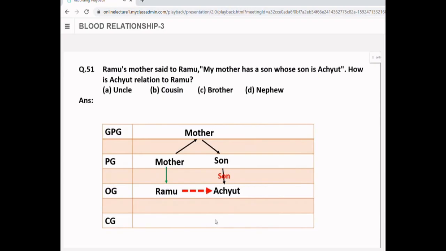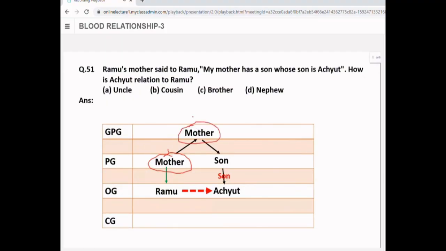Achyut relation to Ramu. The first mother here. Okay. And this is second. This is mother 1. And this, let us call it mother 2.